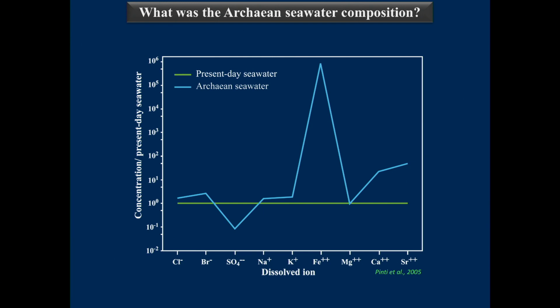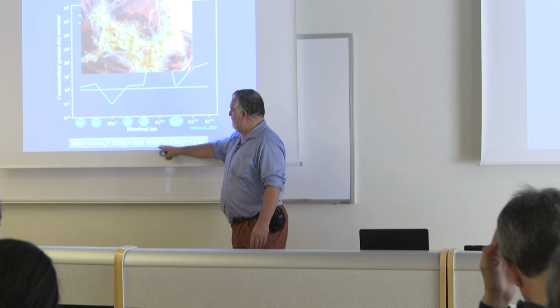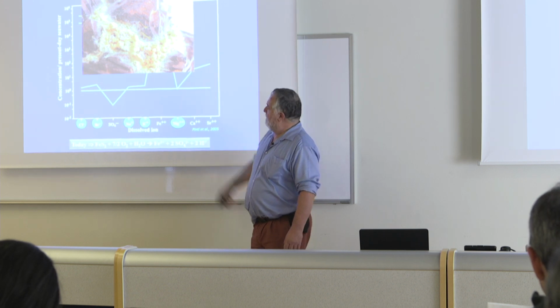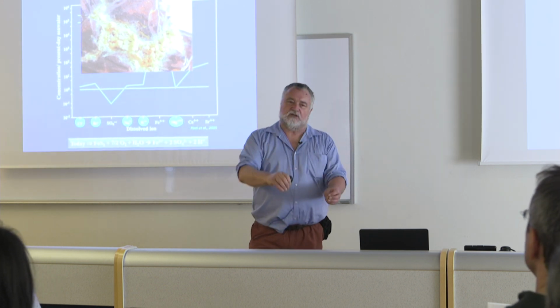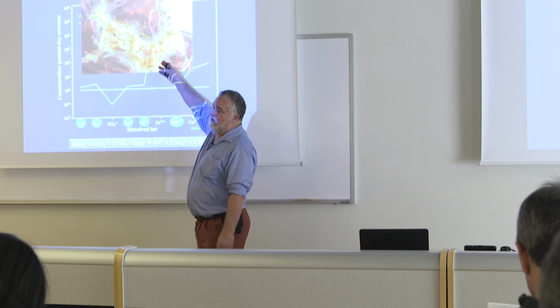One of the first, SO4: today the sulfate in water comes from the reaction of some minerals, like pyrite here, an iron sulfide, that react with oxygen from the atmosphere and water and give iron-free and sulfate ions in the water. And this sulfate goes to the ocean, and the sulfate that we find today in the ocean comes from this kind of reaction.